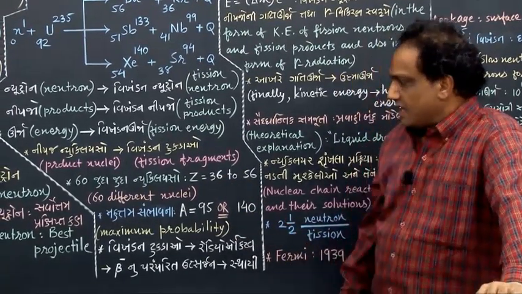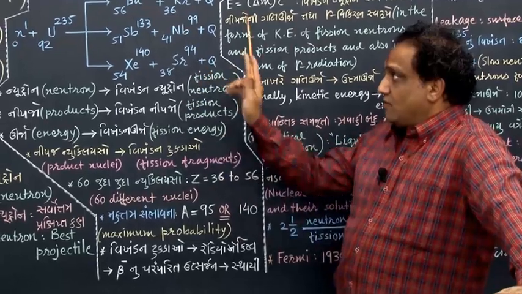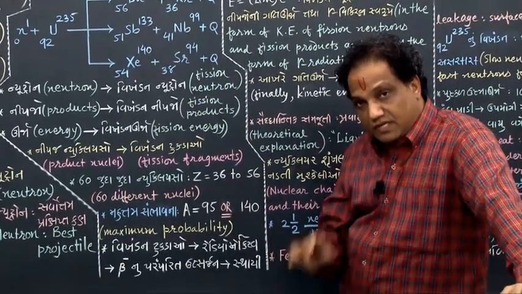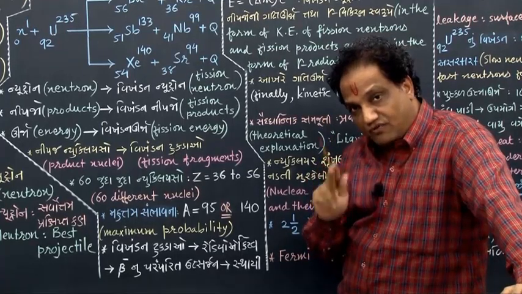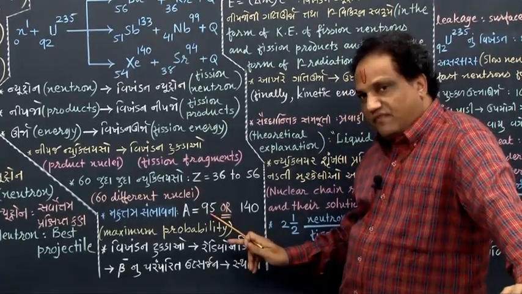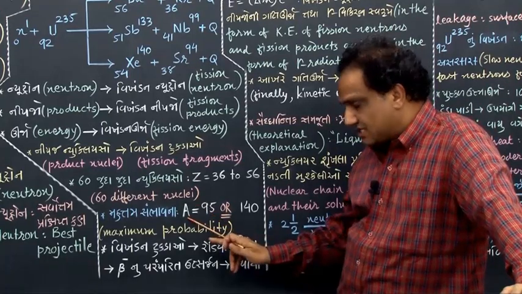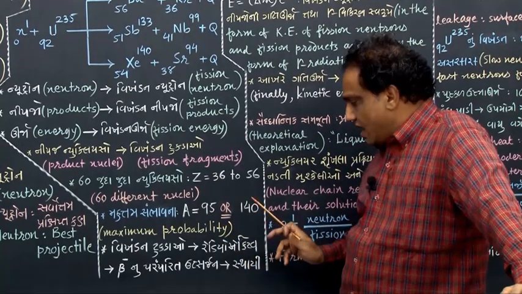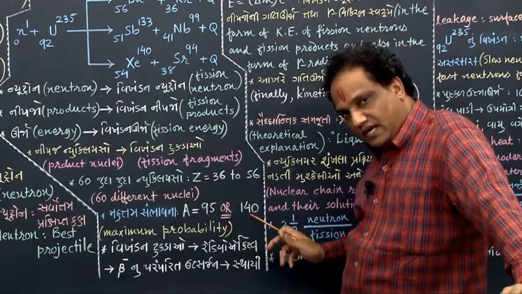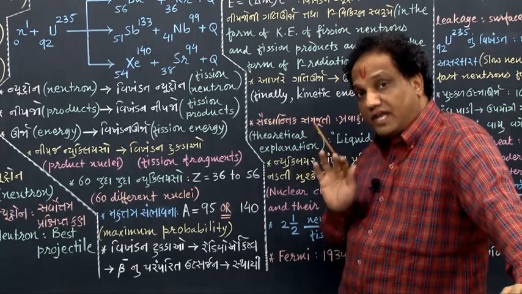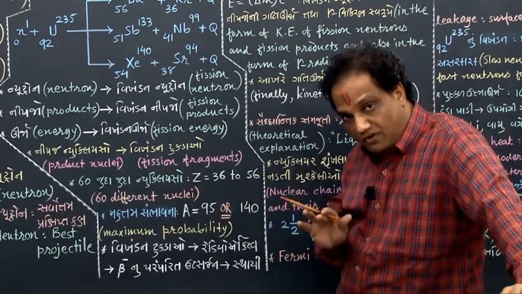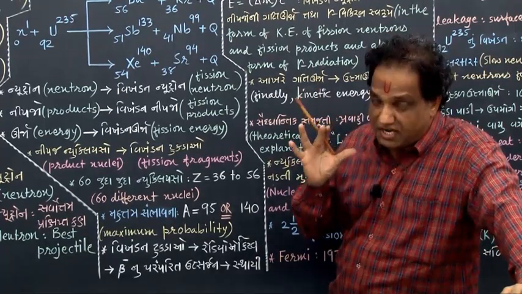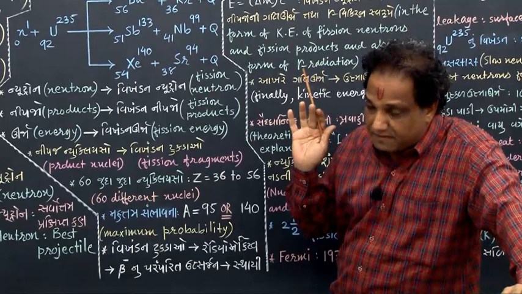Correct? Fine. Then we have observed experimentally that out of many fission products which are obtained out of fission of uranium, if any fission product has atomic mass number 95 or very near to that, or 140 or very near to that, then they are found to be getting formed with maximum quantity and maximum probability.